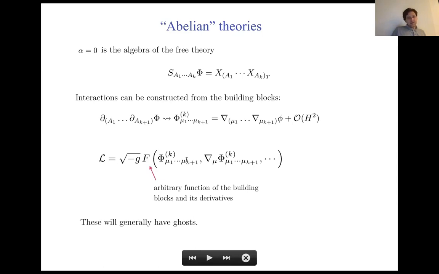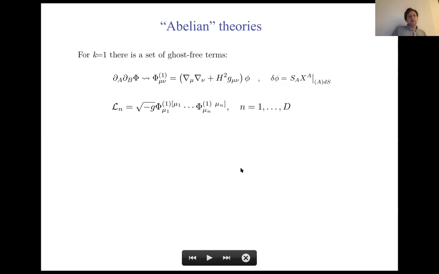And these theories will generally be ghostly and so on, but in certain cases, there'll be a finite number of Wess-Zumino terms which have fewer derivatives than these building blocks and which are ghost-free. So for k equals 1, again, this is like the Galileans. There's a finite set of interactions which are ghost-free. It turns out that in this case, they can be made out of the building blocks.